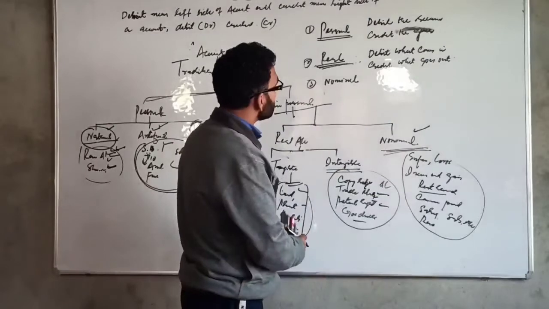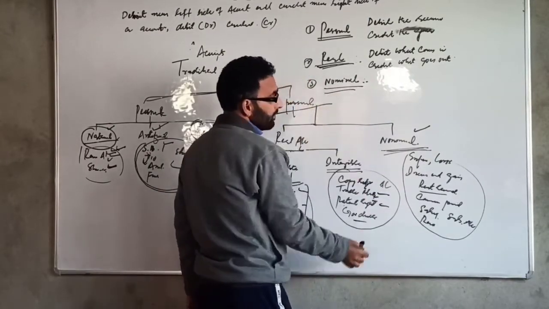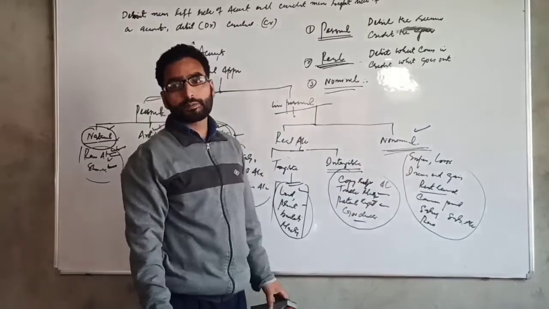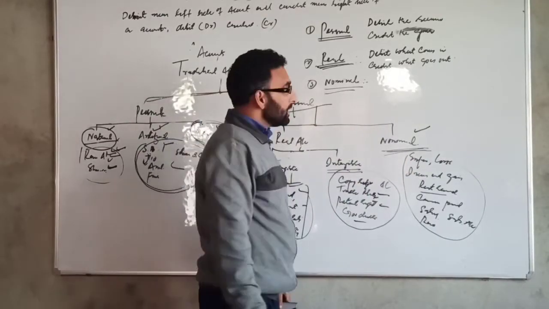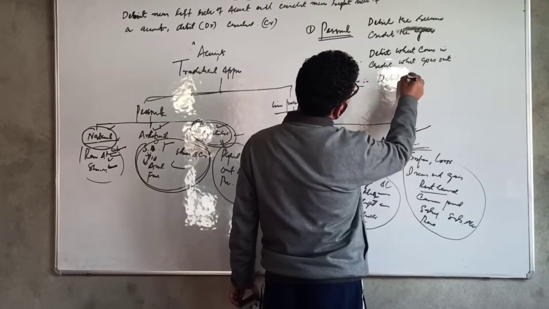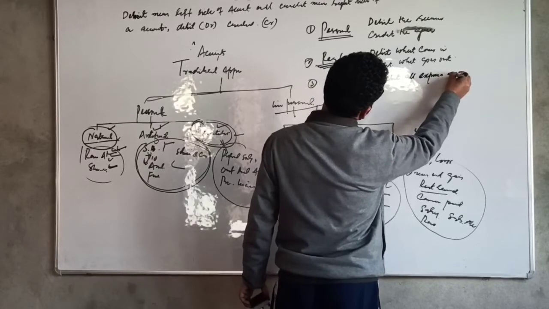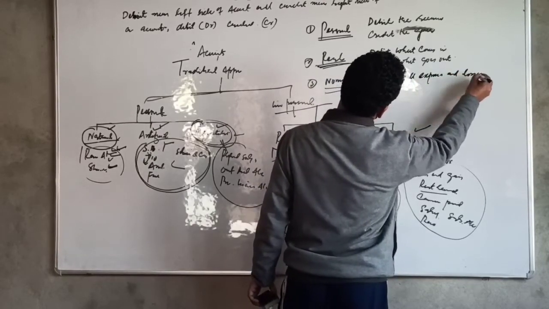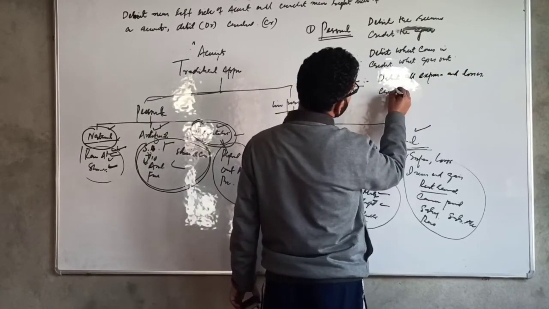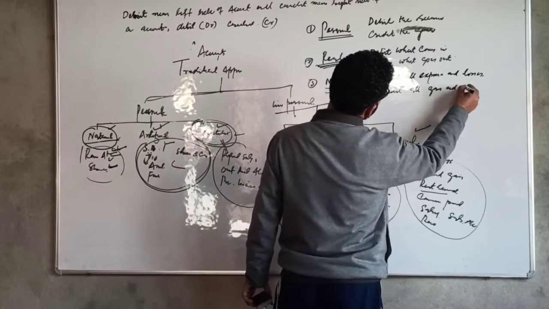Now another thing, that is nominal account. For these accounts, expenses, losses, incomes and gains. Here debit all expenses and losses. Credit all gains and incomes.